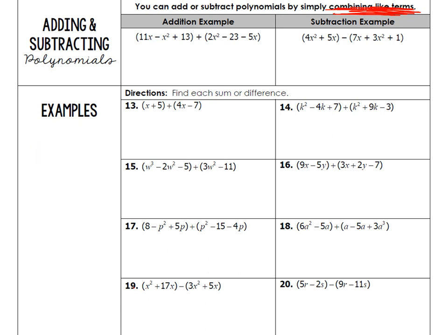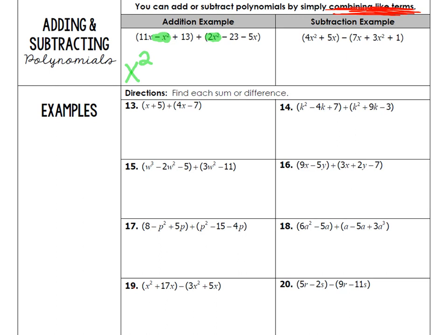When we combine like terms, again, we're going to start with the highest exponent. The biggest exponent that I see is x squared. So I have a negative x squared and a positive, because I'm adding, 2x squared. Negative x squared plus 2x squared would just leave me with x squared.